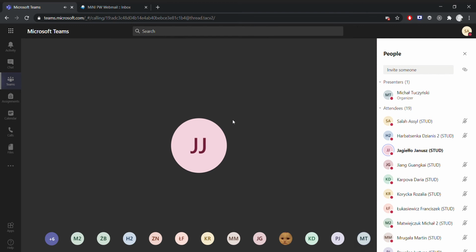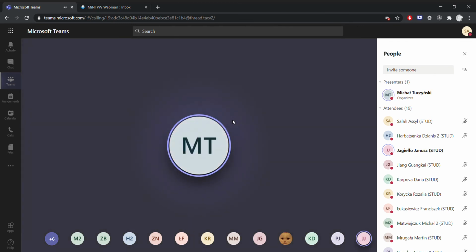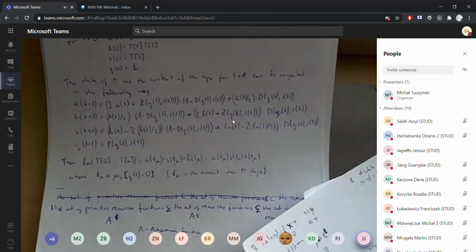Okay, this is my idea. Okay, so if y equals 0, then this is a product of only one number, so this is just p. So this is the composition of p and projections.